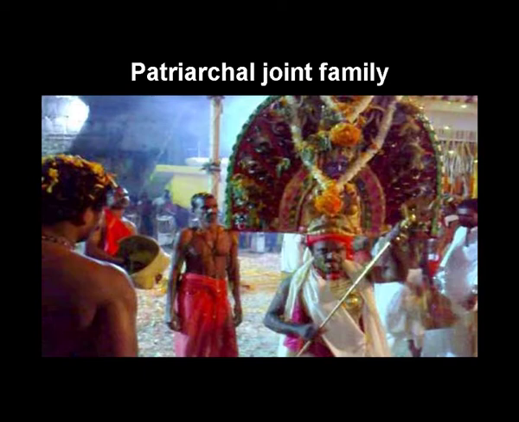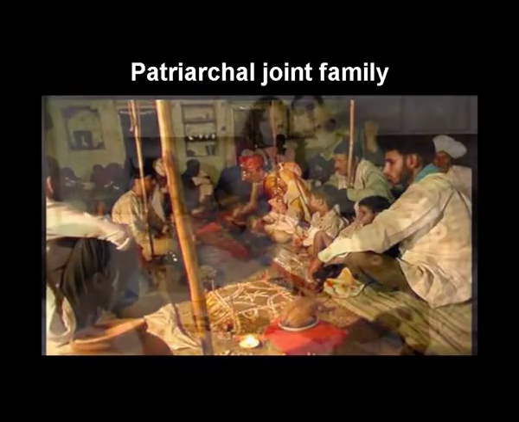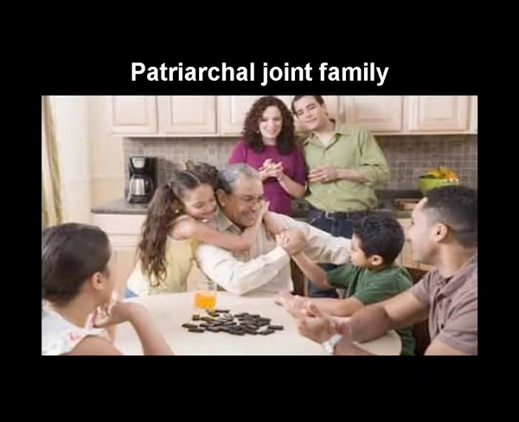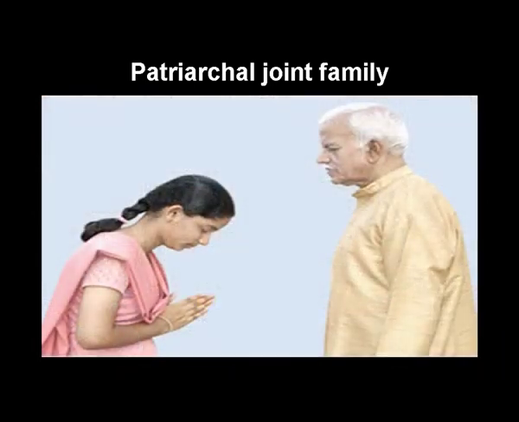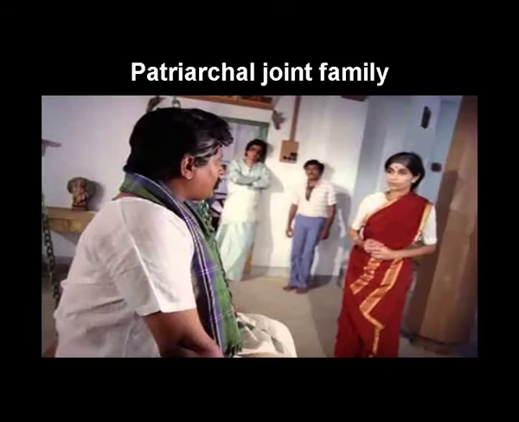In the case of the Hindu joint family, the elder male member who possesses all power is called Karta of the family. Most of the Indian families, especially in Tamil Nadu, fall under this pattern.